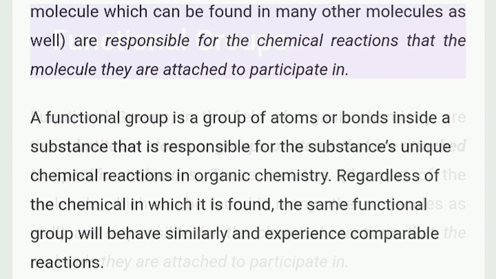So the functional group is the most important to tell you the properties, the characteristics of that family. Now each functional group has its own characteristic properties, and these properties are transferred to the alkyl group which it is attached to.